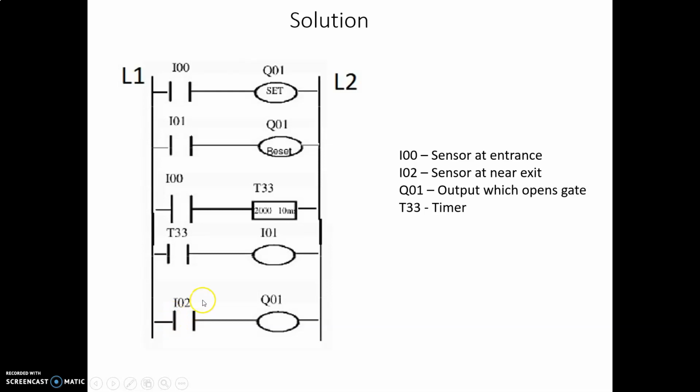And when that happens, this will get closed and it will provide a connection to this Q01. Now what is your Q01? It is nothing but your output here, right? So if this is on, then this will make sure that your gate is always open, right?